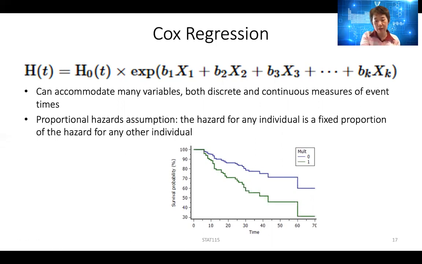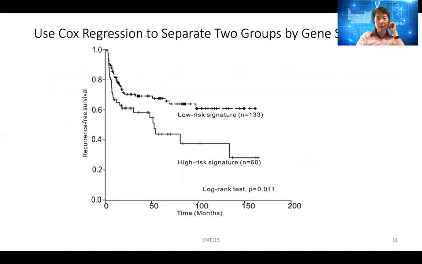So when you do this Cox regression model, it will tell you that this variable is significant, the next variable is not so significant. And so you can look at many variables together, and they could be either categorical or continuous, like gene expression levels. So that's the different ways you can look at this.